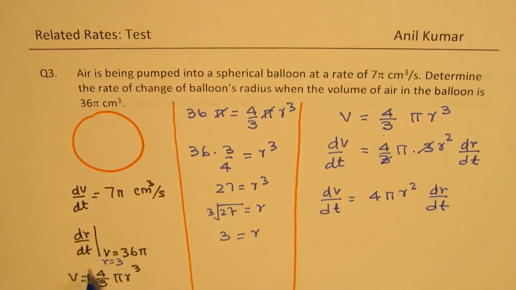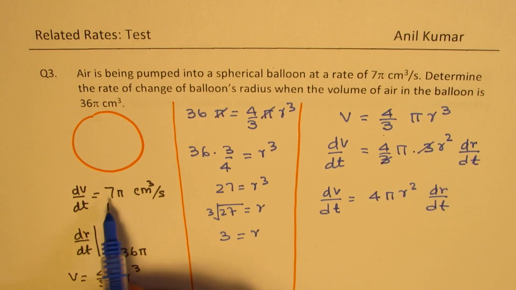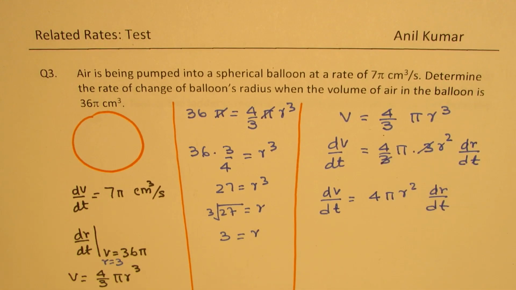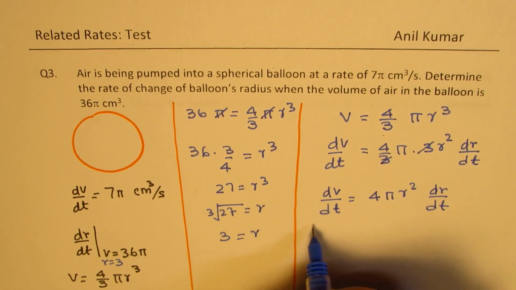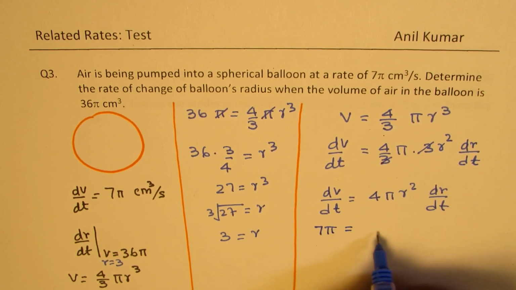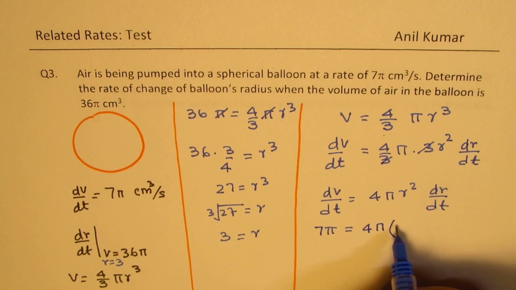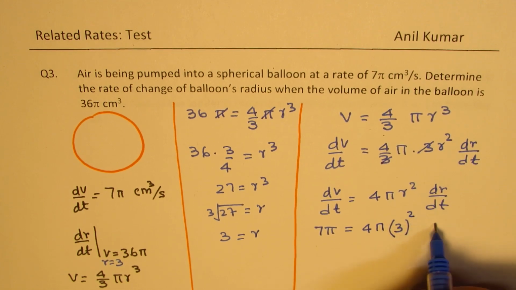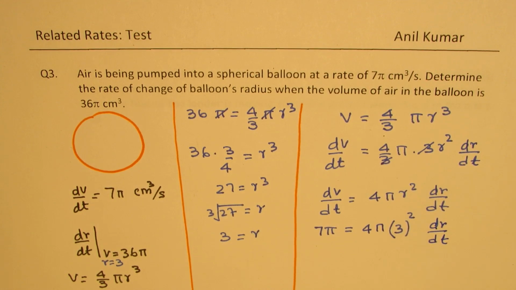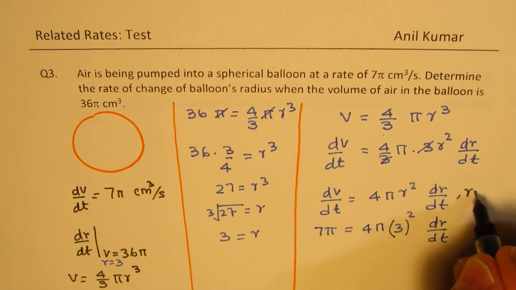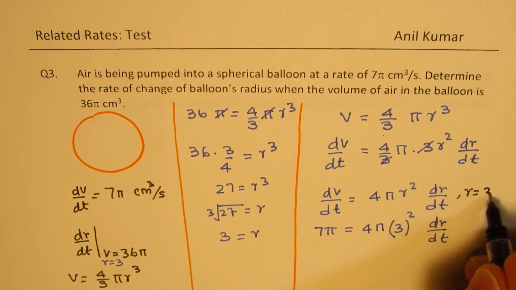We need to find dr dt when r is 3. Correct? We know dv dt is 7 pi. So let's substitute these values. dv dt is 7 pi equals 4 pi, r is given to us as 3, squared, and we need to find what is dr dt. Is that clear to you? So we substituted the values, which are r equals 3. Correct?